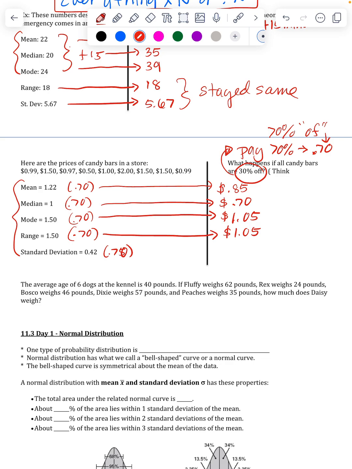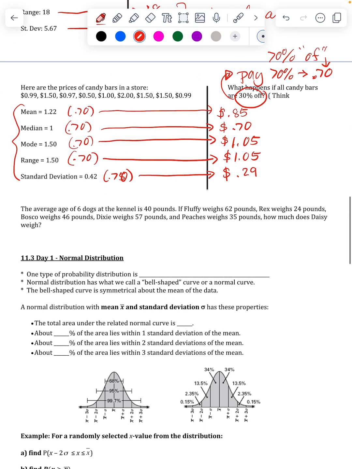And my standard deviation, meaning they kind of deviated from the norm by about 42 cents, when I take that times 0.70, I get 0.294, so about 29 cents is now the new standard deviation. So in this case, nothing stayed the same because I was doing multiplication.